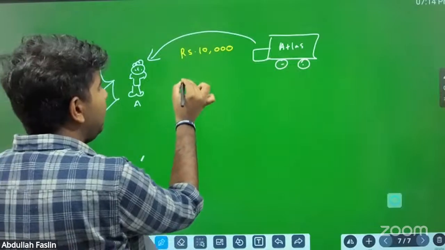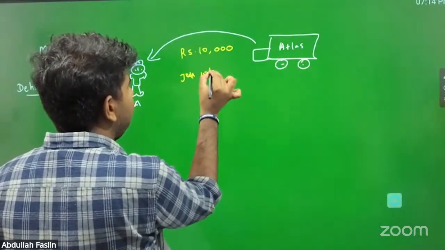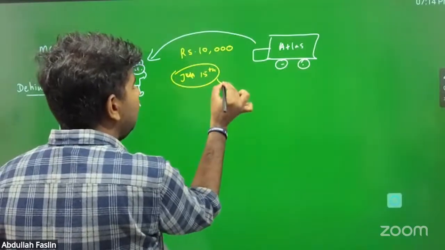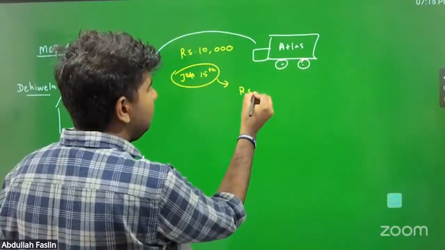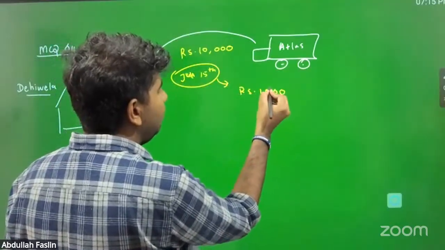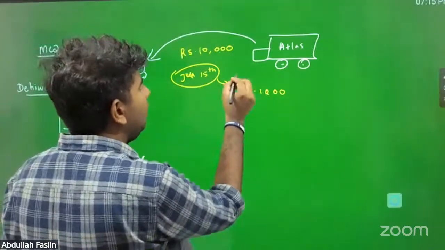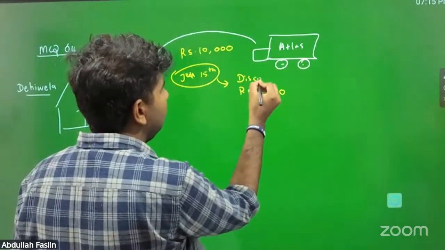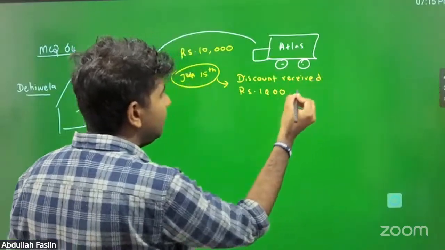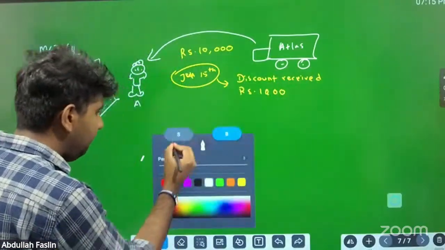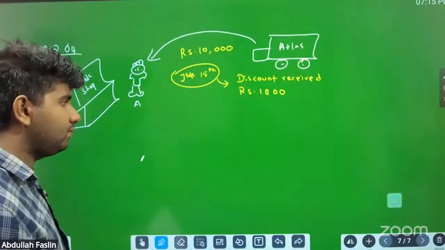If you pay us before, let's say, June 15th, we will give you a discount of 1,000. That means out of 10,000, you don't have to pay 1,000. This 1,000 is what we call discount received. If we settle our creditors on time, they give us a small discount, the discount received.